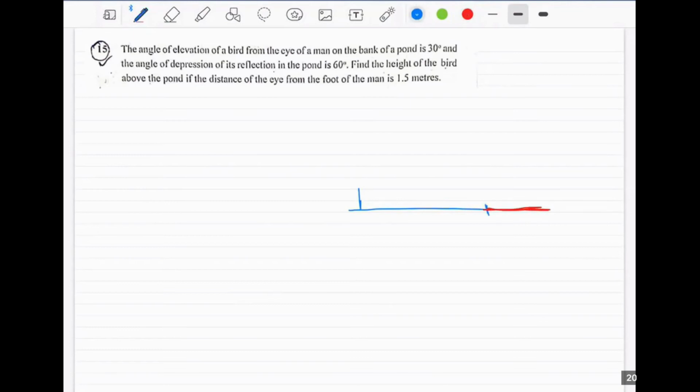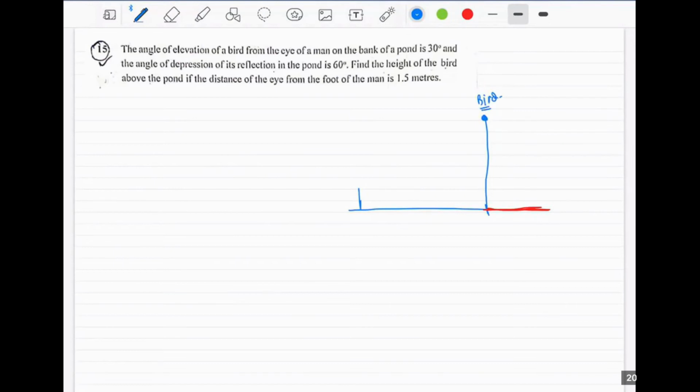So here is the ground. The ground is where the man is standing, and this part is the pond. So here is the bank of the pond. That means the sides of the pond, right? The bird must be sitting at a place which is a little taller than the person itself. Otherwise, the person won't be looking up, isn't it? So the bird is sitting at a taller place like this. Here is a bird.